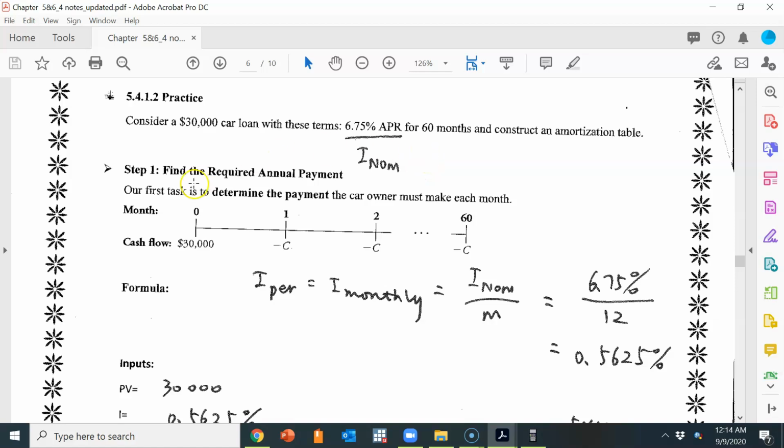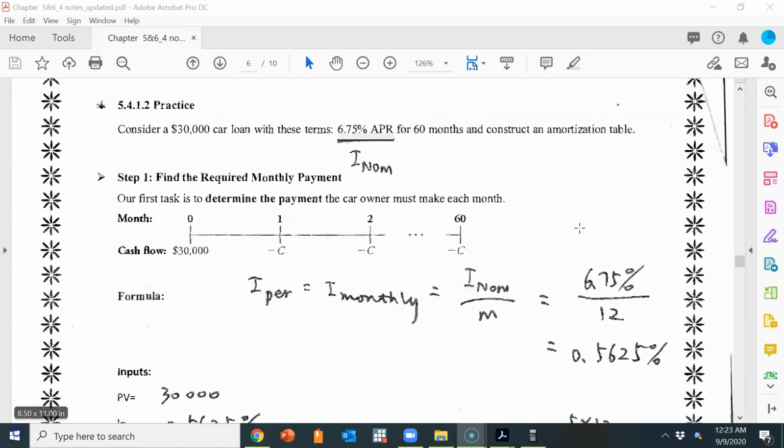For this first step, we always need to find the required payment. Excuse me, I think I need to make a little change to the notes, so let me correct it here.